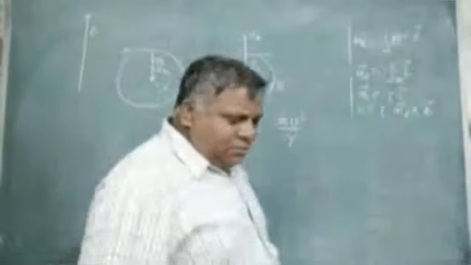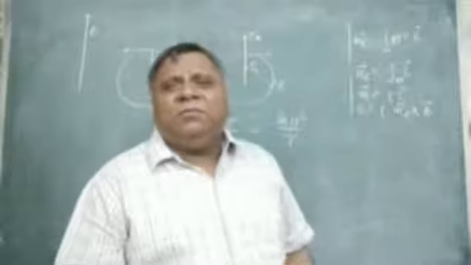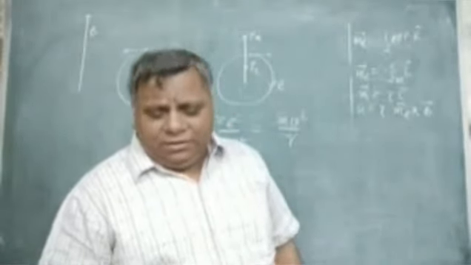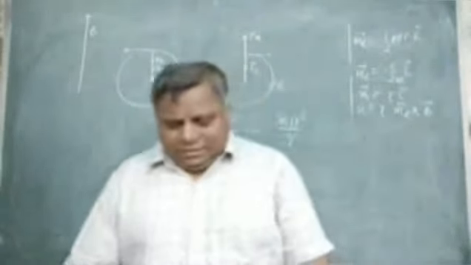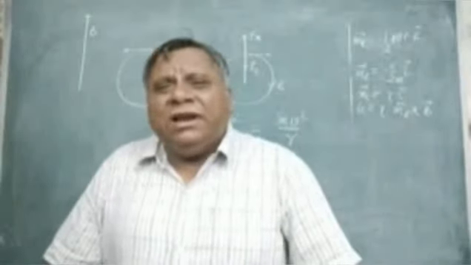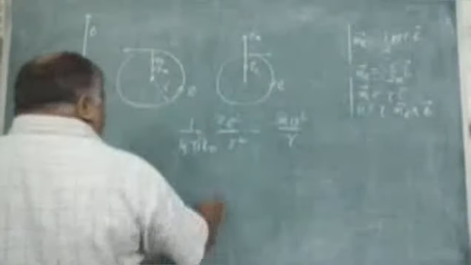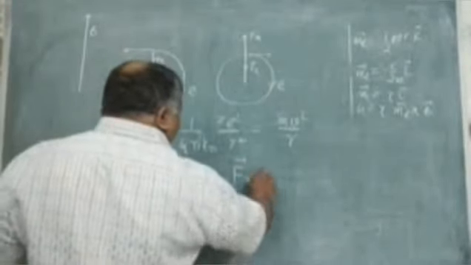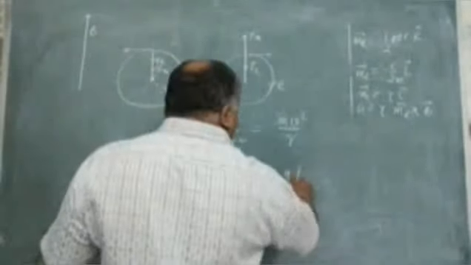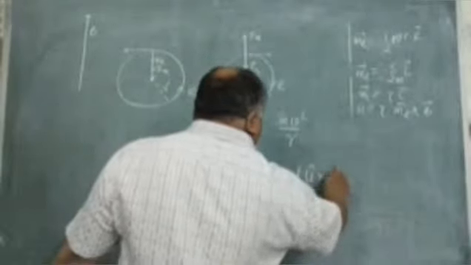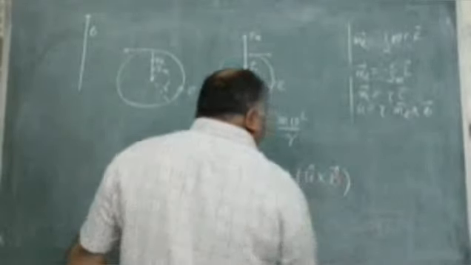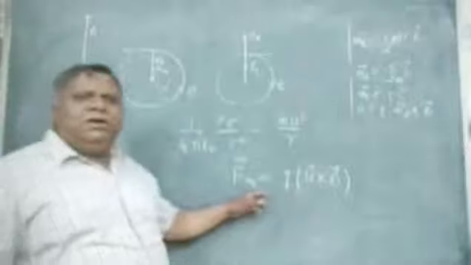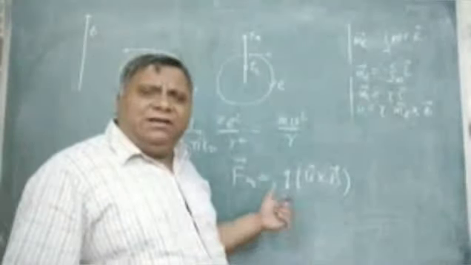So, if we apply magnetic field, then there is a force on electron given by Fm, where Q is any charge. For electron it is minus e.